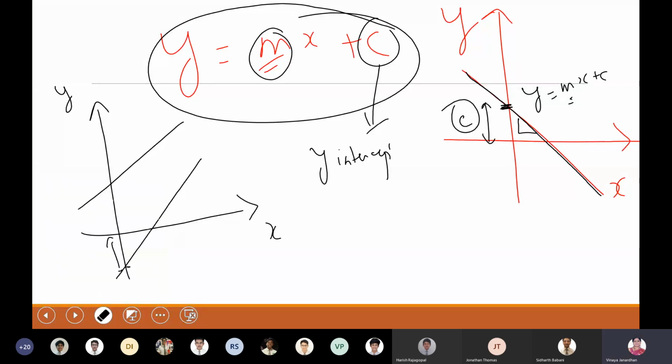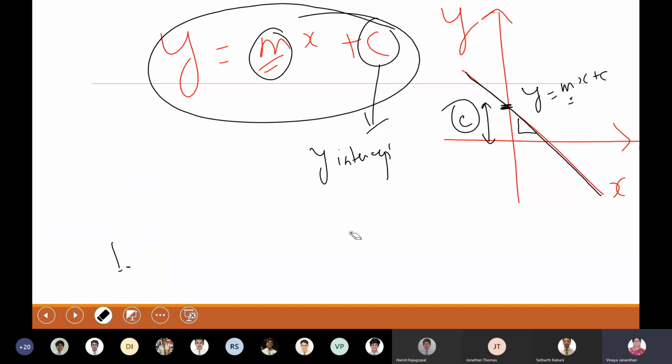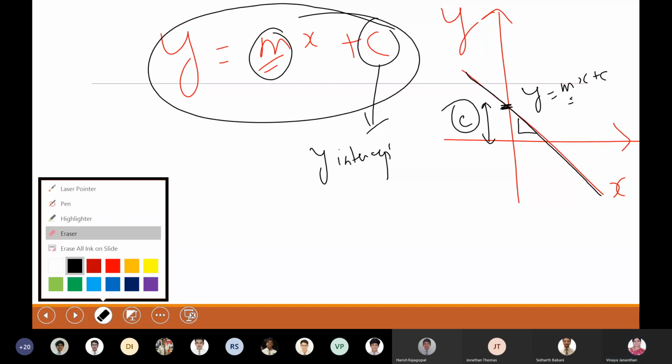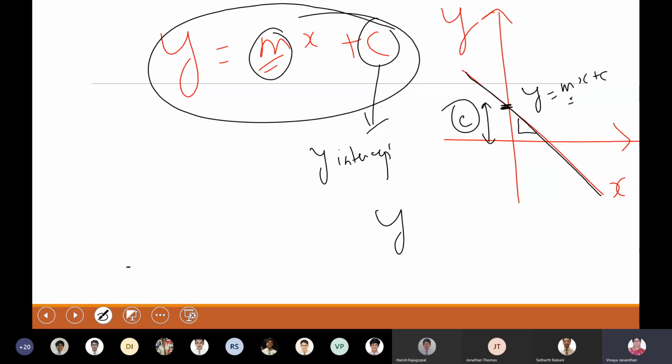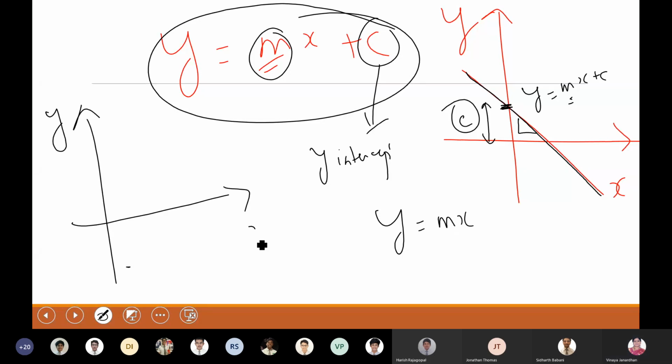You all would have learned, y is equal to mx. What is your y-intercept here, boys?